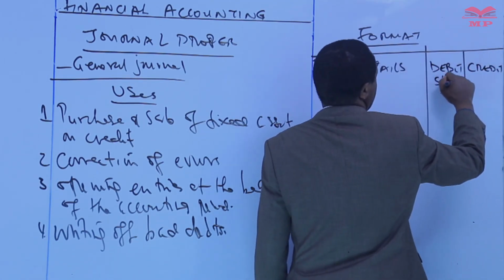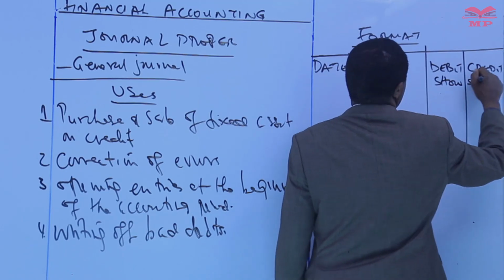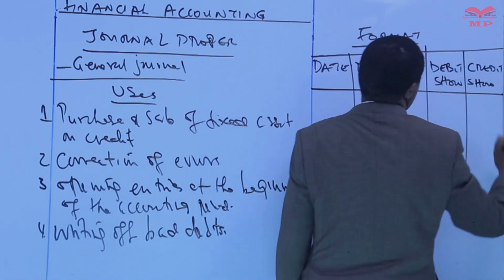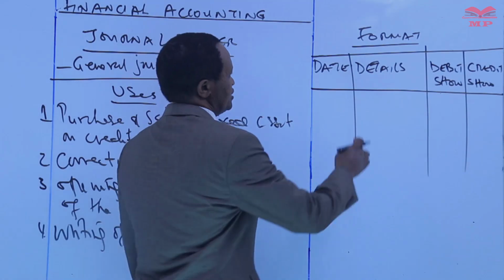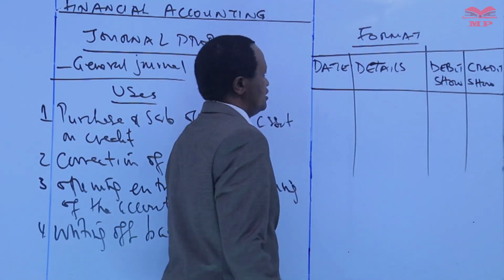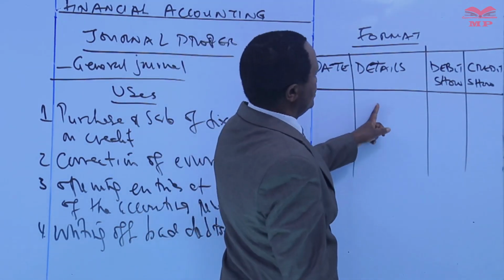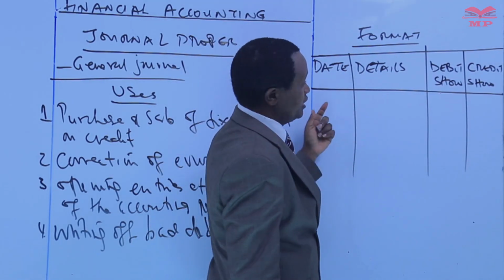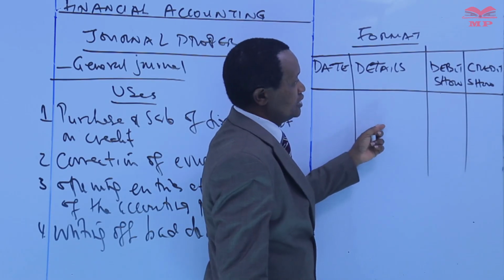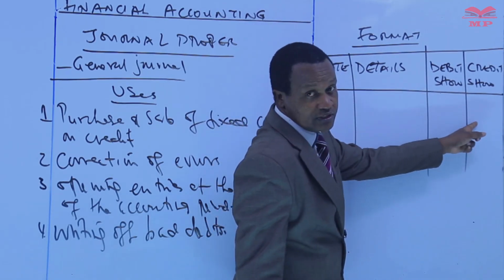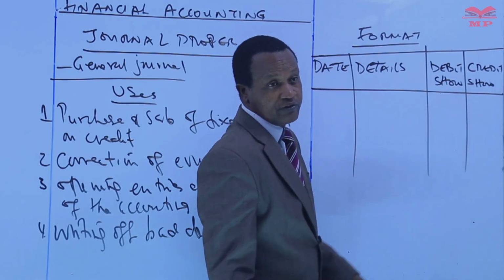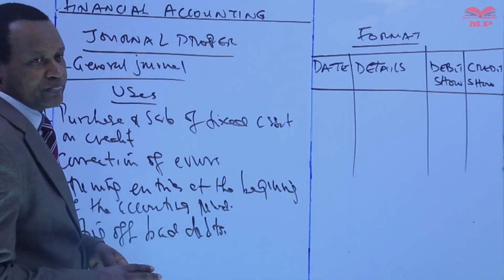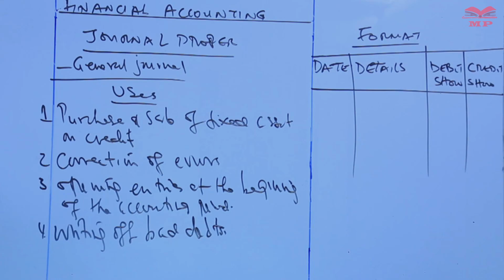These are amounts. So when there is an entry to be recorded in the general journal, there has to be a date, the details, debit entries, and credit entries. For example, if it is a bad debt that is to be written off, then there may be need to have a debit entry and a credit entry in the general journal.